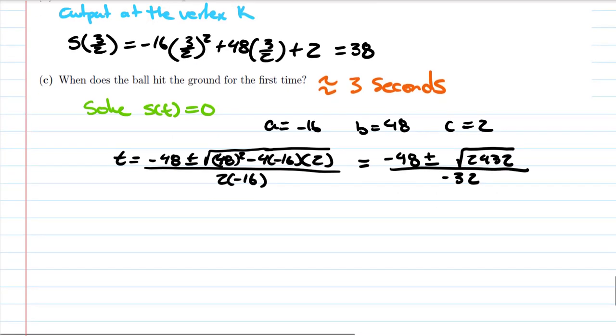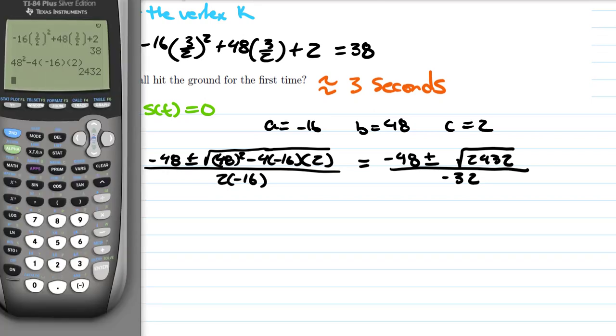So now we need to calculate each of these. First we get negative 48 plus the square root of 2432, all divided by negative 32. And that gives us one answer.